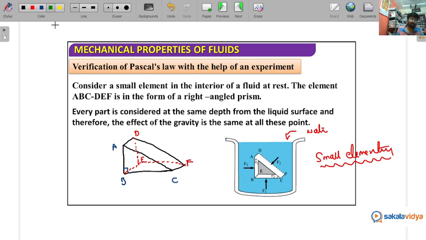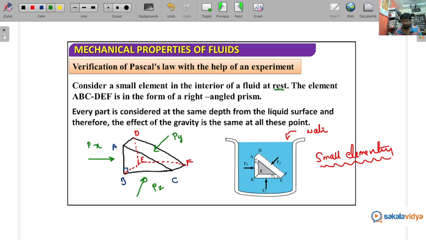As I told you, it has equal pressure in all directions. Let the pressure in this direction be F1, in this direction Px, and in this direction Pz. Consider a small element in the interior of the fluid which is at rest.